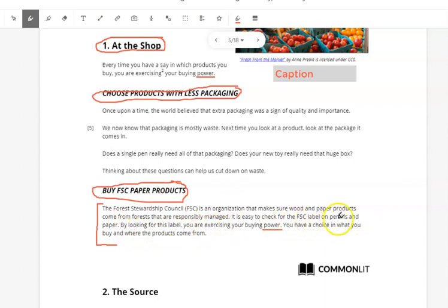So you have a choice in what you buy and where they come from. Put your recording right there.